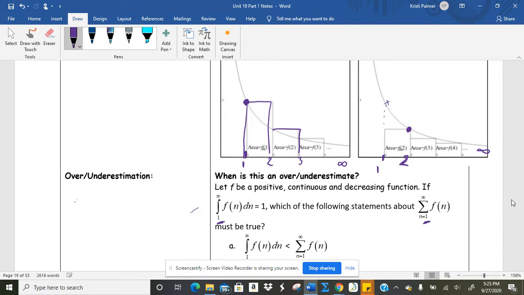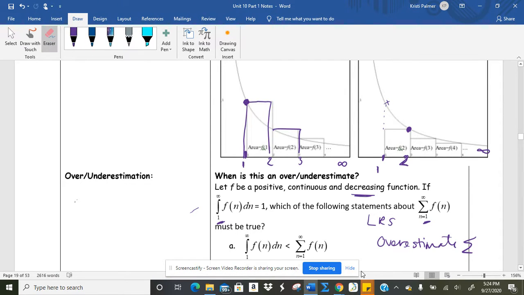So I'm still kind of looking. So if I started at the 1 and I went to 1, then this would have been a left Riemann sum going on here. And when we are decreasing, the left Riemann sum is going to overestimate. So that integral is going to overestimate the, oh, I just did that the other way. Hold on.